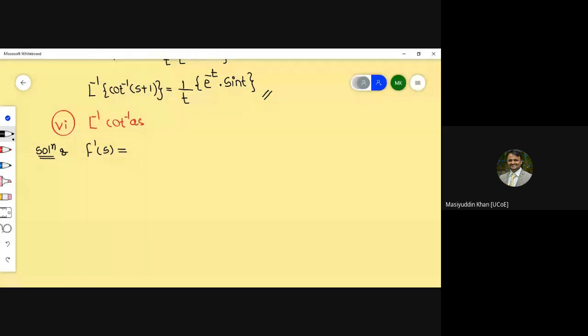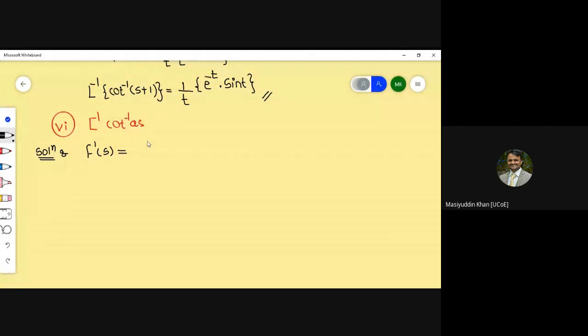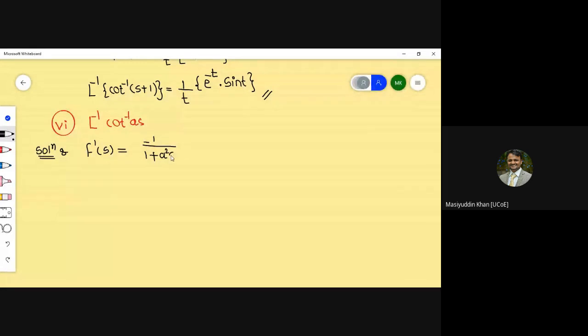Let's see. So f dash of s is minus 1 upon 1 plus a square s square, into the derivative of a s, where the remaining will be a only. So f dash of s is equal to minus a upon 1 plus a square s square.